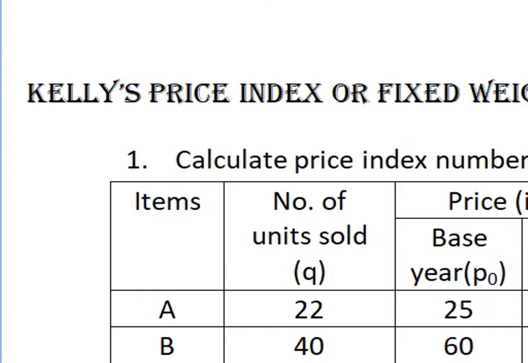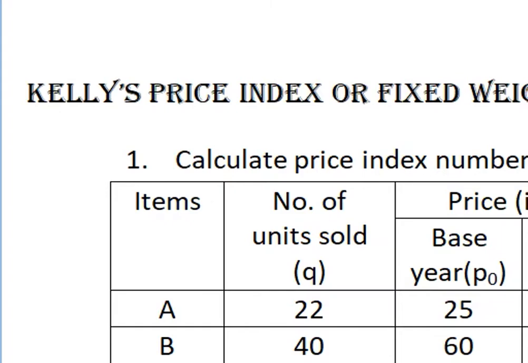Calculate price index number from the following data. So here they have not mentioned which method to be used. Now how to identify that we have to use Cayley's price only? For that you have to see the quantities. Here number of units sold, they are nothing but quantities only.